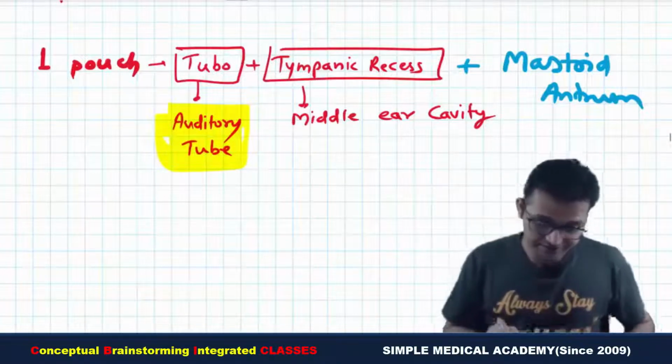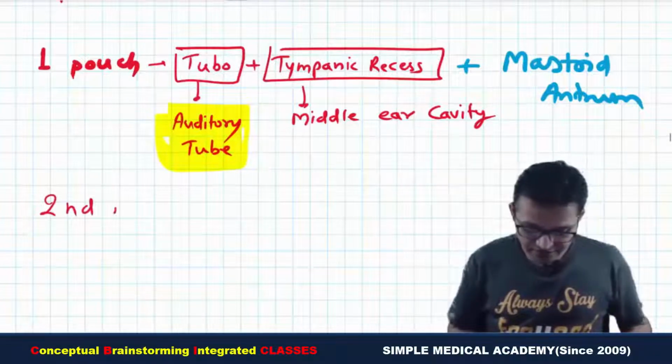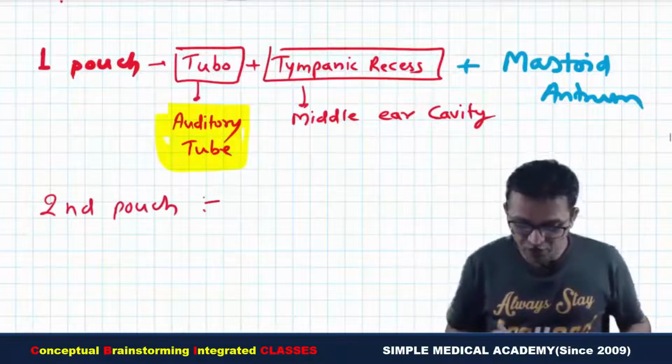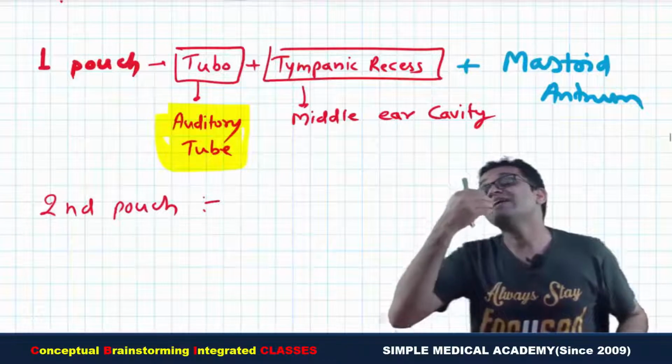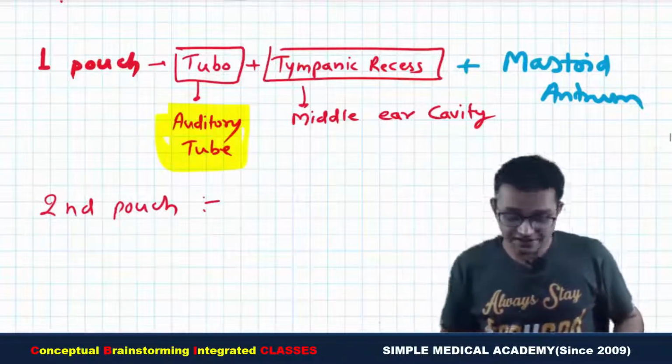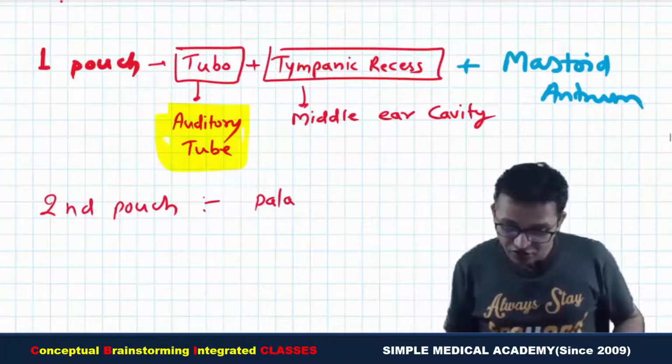Now the second pouch. Yes, the second pouch makes the inner structure inside the oral cavity, that is the palatine tonsil.